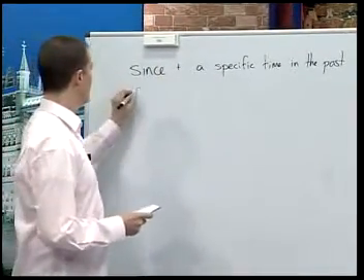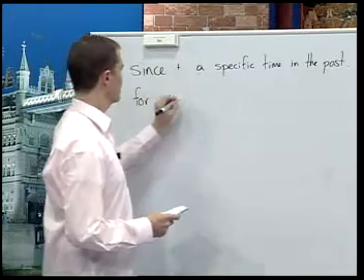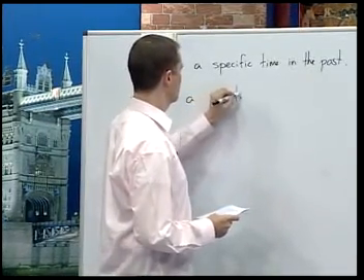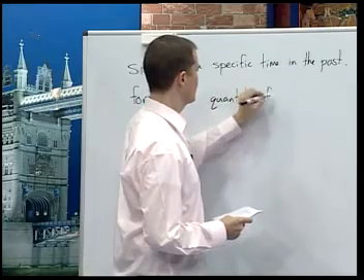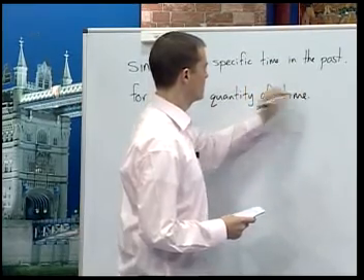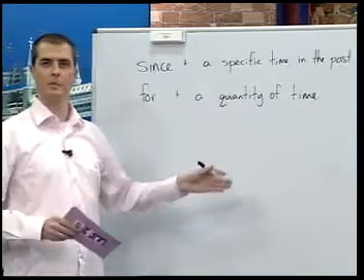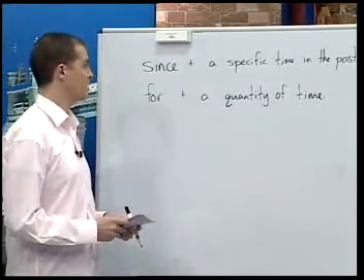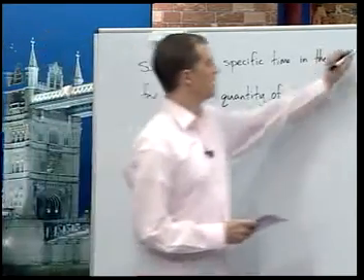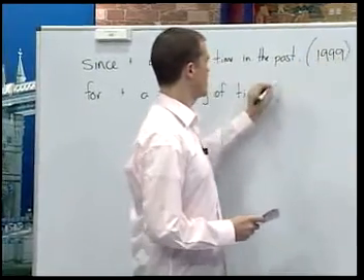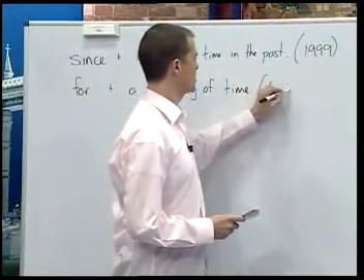And we use for plus a quantity of time. The astronauts have been on the moon for 6 months, for 6 weeks, a quantity of time. Example 1999. And here, example, 6 months.